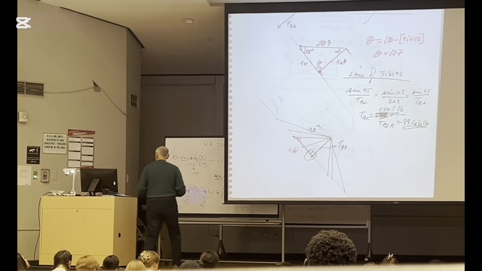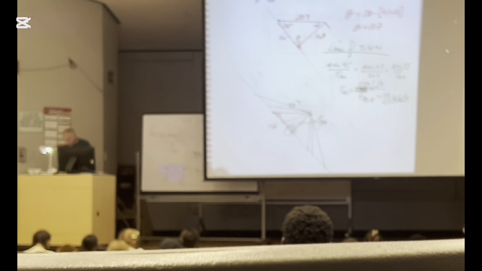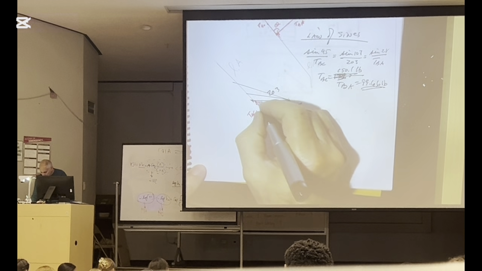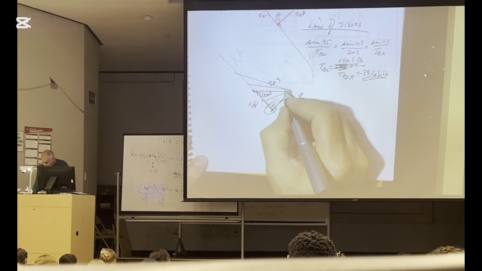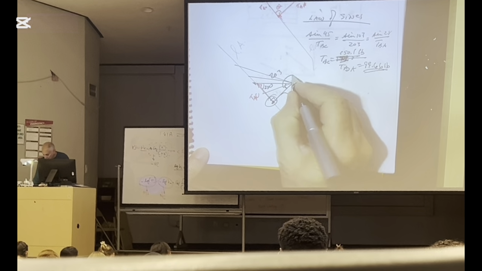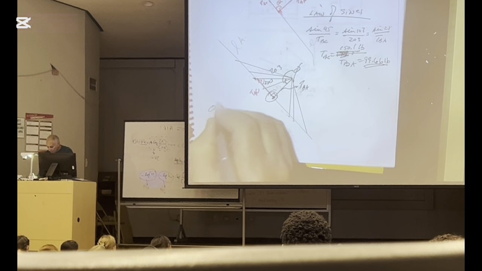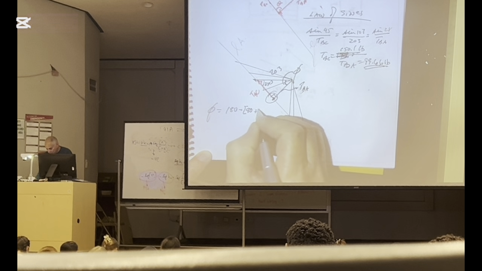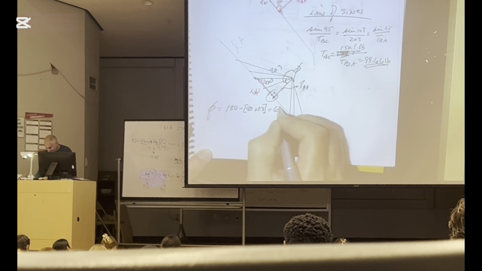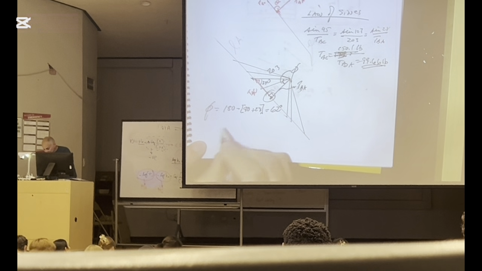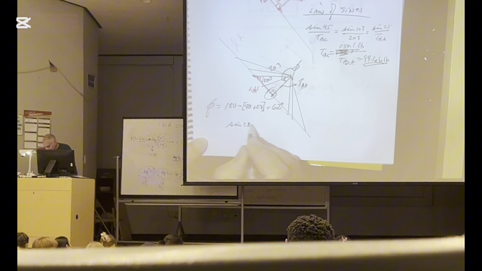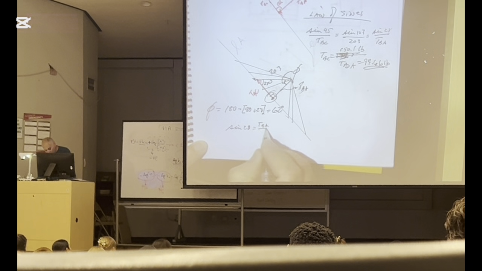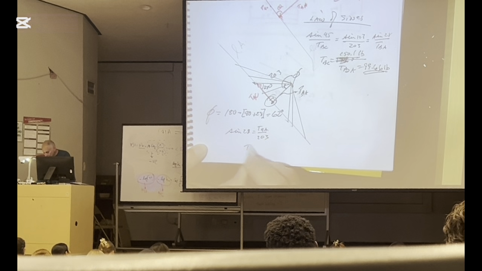Okay? So now all I have to do is say, so that's 90. This angle is still 28. So this angle here, sorry, it's kind of goofy, is phi. Phi is going to be 180 minus 90 plus 28, which is 62. I can then say sine of 28 is just opposite over the hypotenuse. That's TBA over 203.